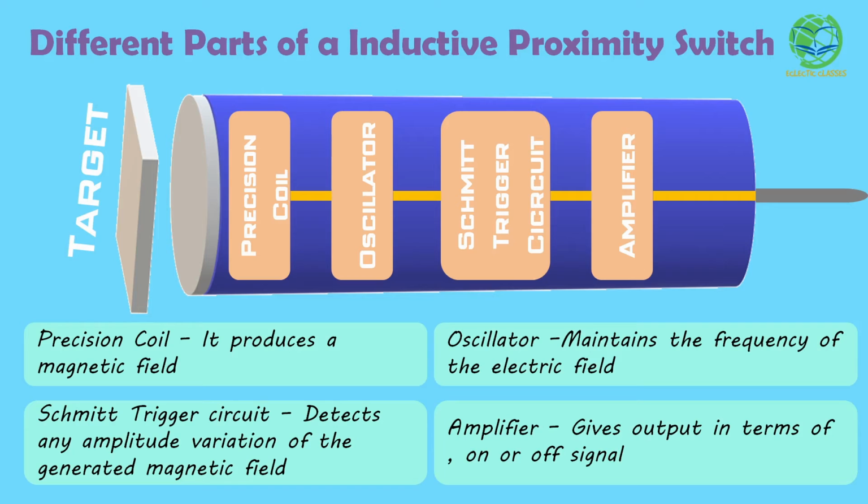Schmitt trigger circuit detects any amplitude variation of the generated magnetic field. Amplifier gives output in terms of on or off signal as per the output of the Schmitt trigger circuit, through the contact position open or closed.